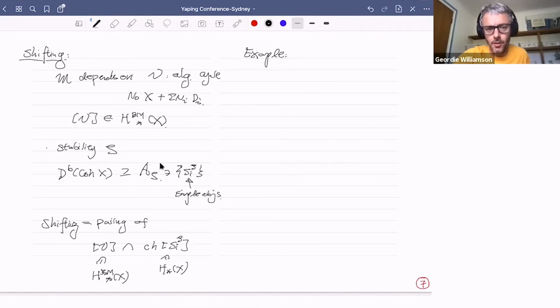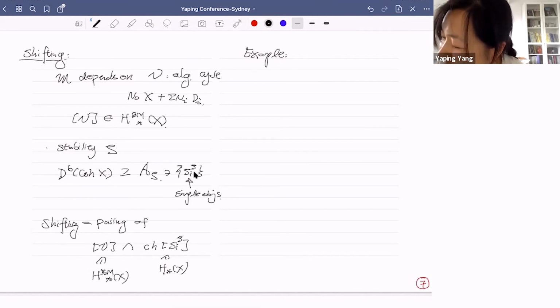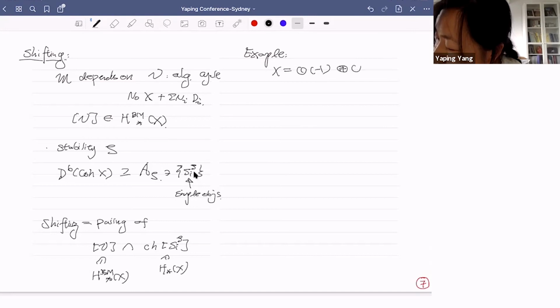Yeah, thank you. So I'm going to give you this example. I'm going to write the simple objects which are supported on the P1, the exceptional divisor. Exactly. Thank you. So here, X equals the resolved conifold, and if I'm looking at this stability condition, those are the walls corresponding to the real roots.